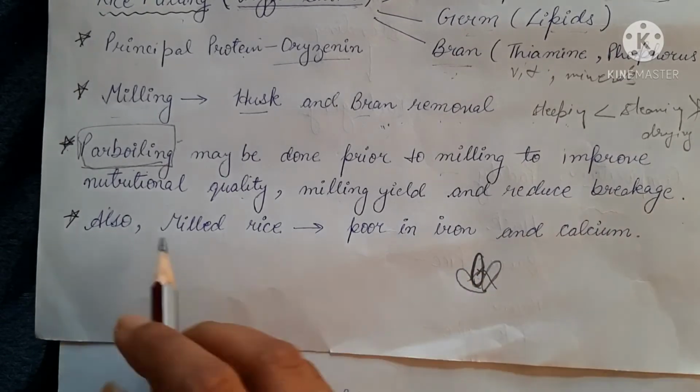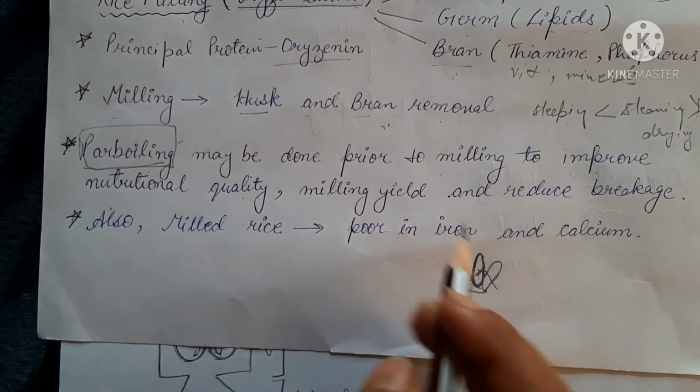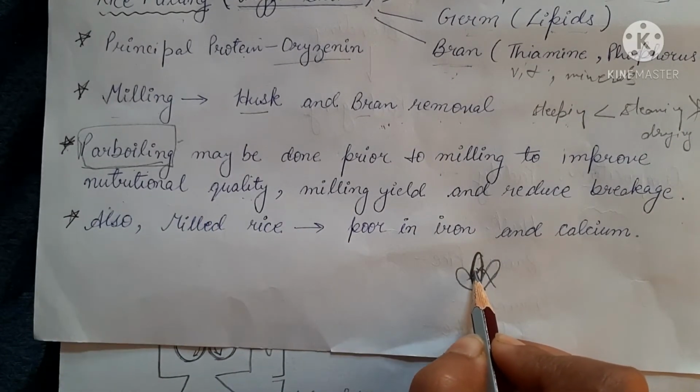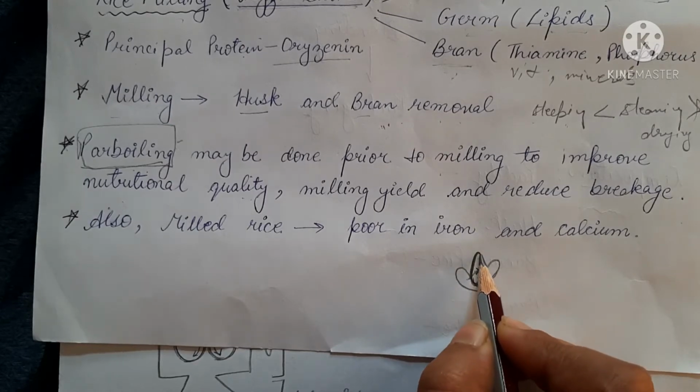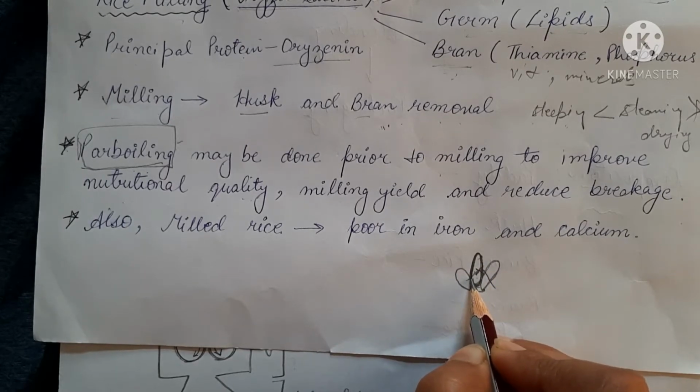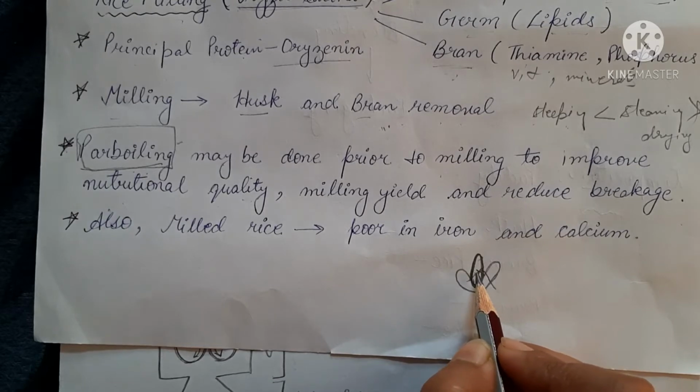So what happens then? The nutritional quality is improved. How? Because all the nutrients have moved inside, and bran is free of nutrients. Not exactly free, but the majority of the nutrients move inside.